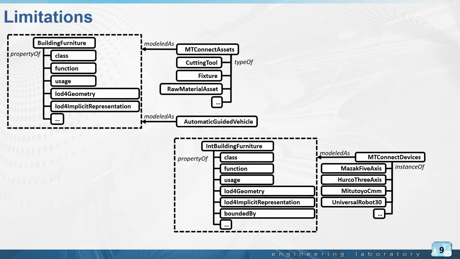Mobile assets such as tools and automated guided vehicles could be modeled using the building furniture class in CityGML, and semi-fixed assets such as the machines could be modeled using the int building furniture class, but this delimitation is not always clear. For a more robust implementation, the standard would need to be extended to include additional manufacturing concepts.